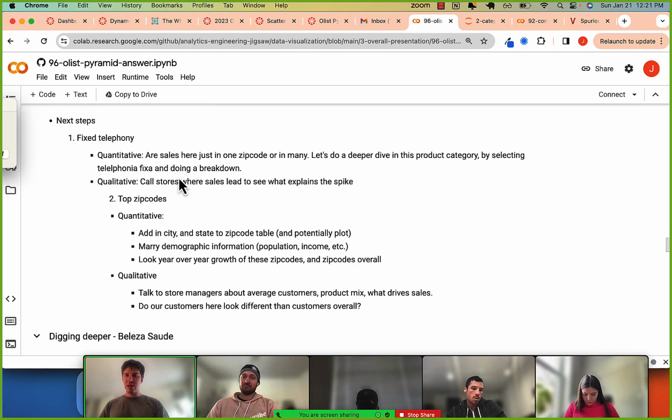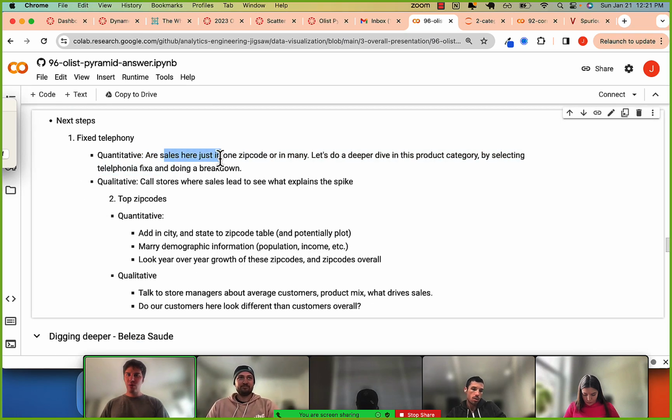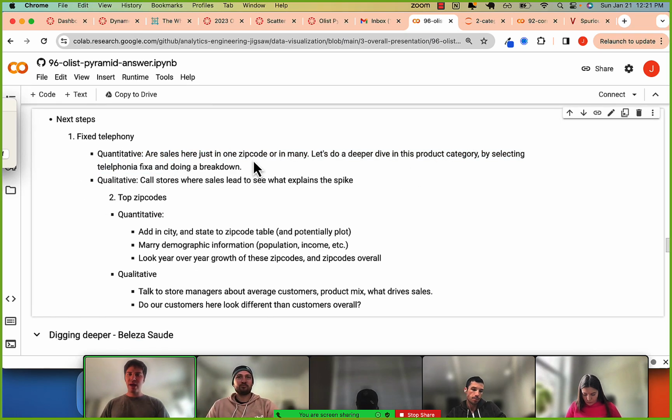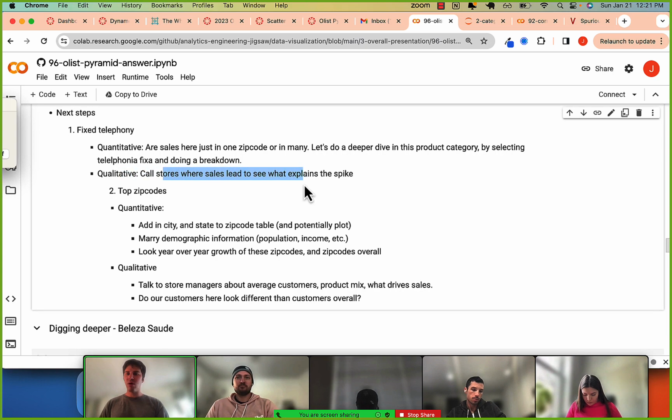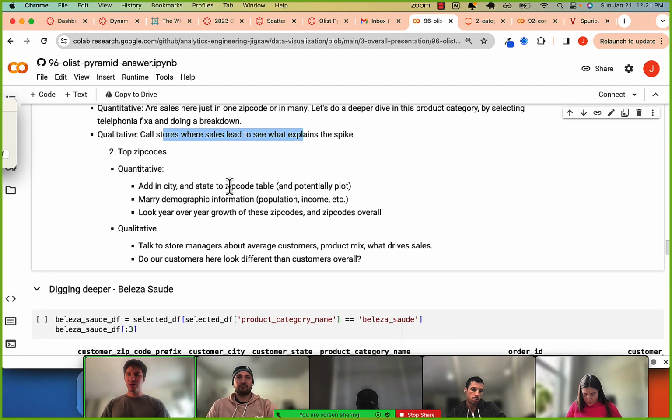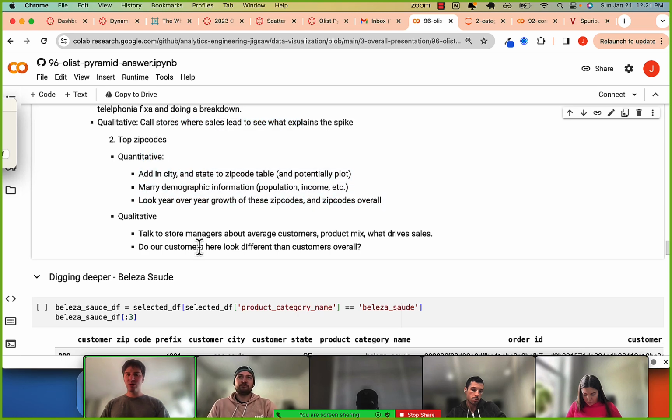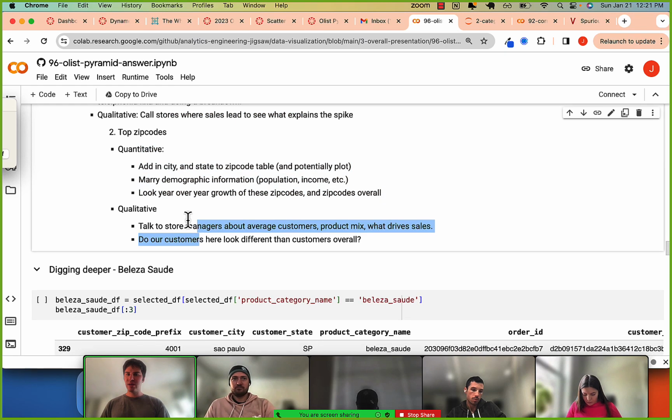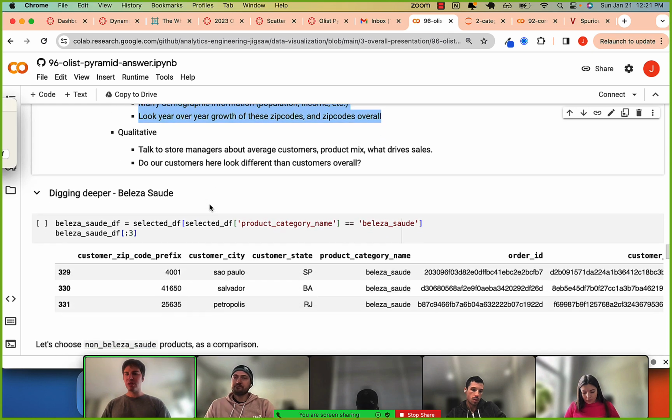Again, we can do a deeper dive into that product category, or go qualitative, literally call the stores and talk to them. Same thing with the top zip codes: literally call the managers, or go there. And then obviously there's all this other information you can do.